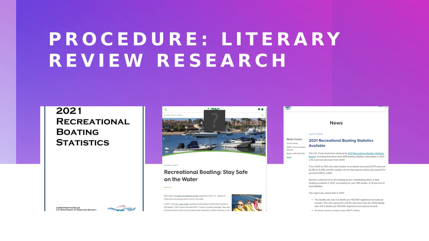I don't spell all that out in this slide. I just say that we conducted a literary review research. And I'm pretty sure I say that I chose non-peer reviewed papers. I did that out of convenience, but also a lot of the publications on safety are never peer reviewed, right?